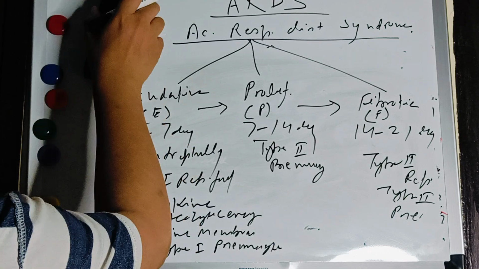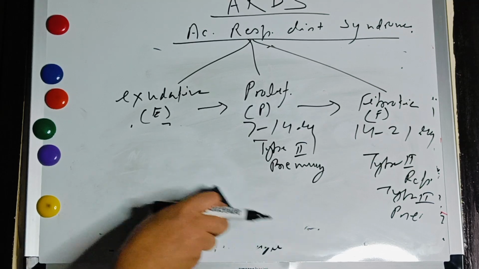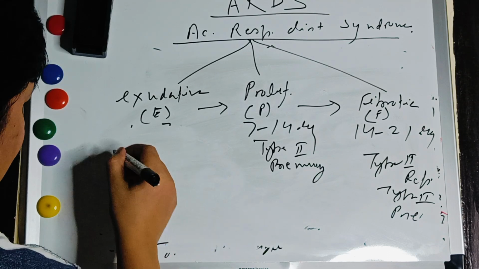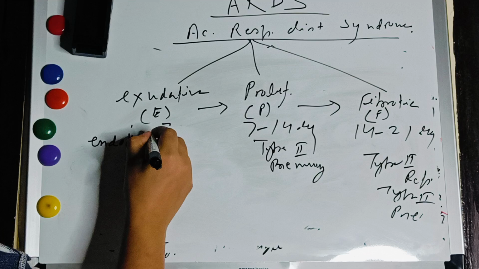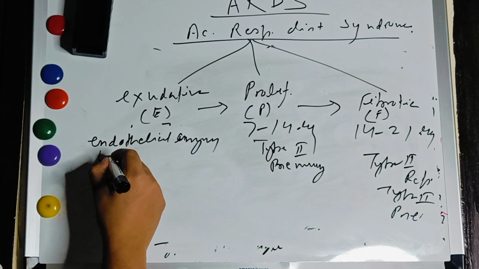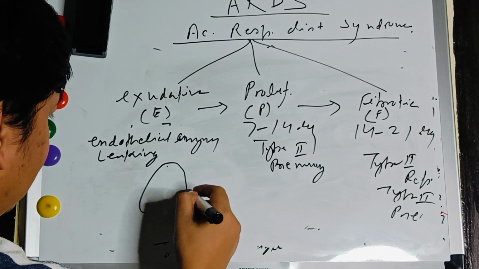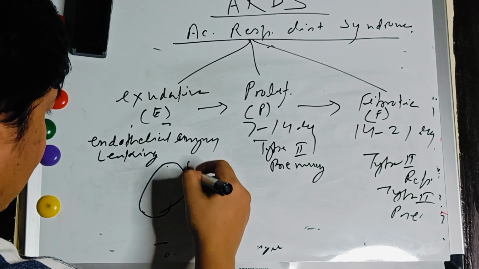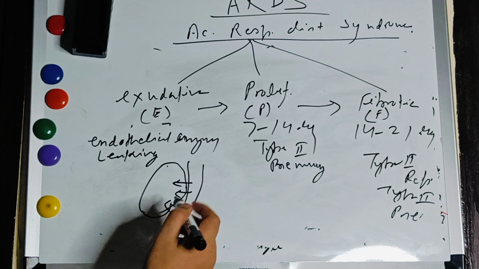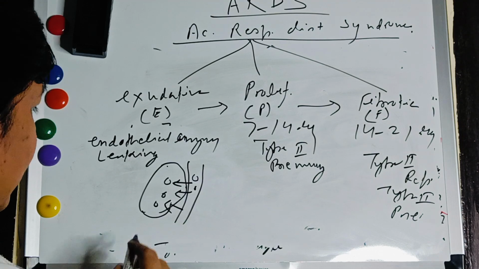What happens in the exudative phase? Because of insult, septicemia, bacterial, viral, toxemia, endothelial injury and leaking get started, and this is alveoli, and this is capillary. So the leaking starts to happen, and by this way the neutrophils come into alveoli.